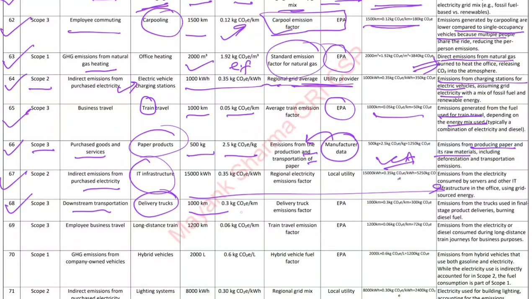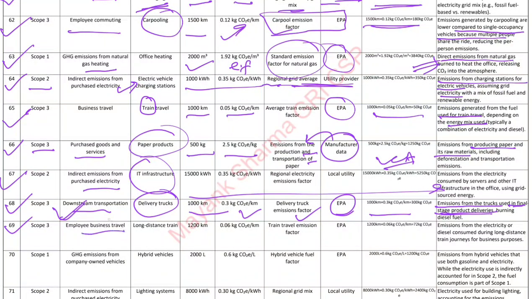So what is the distance traveled, emission factor, delivery truck emission factor, EPA reference source, calculation: emissions from trucks used in final stage product deliveries because it's downstream transportation. So burning diesel fuel, yeah. So final stage product deliveries basically to the consumer section.